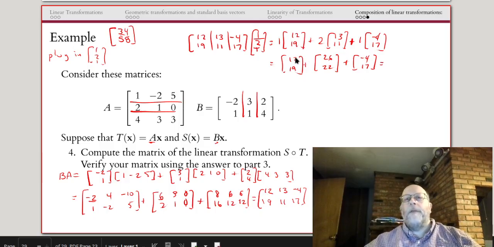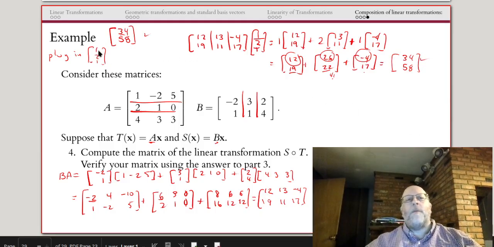All right. 12 plus 26 is 38. 38 minus 4 is 34. 19 plus 22 is 41. And 41 plus 17 is 58. And so we get the same answer both ways.